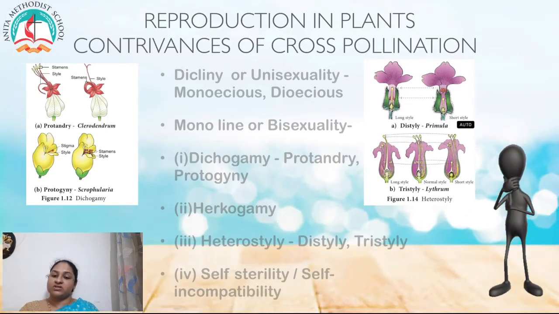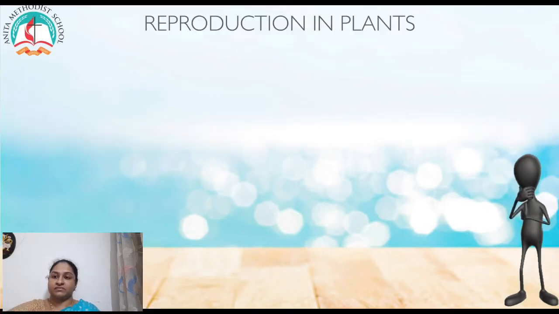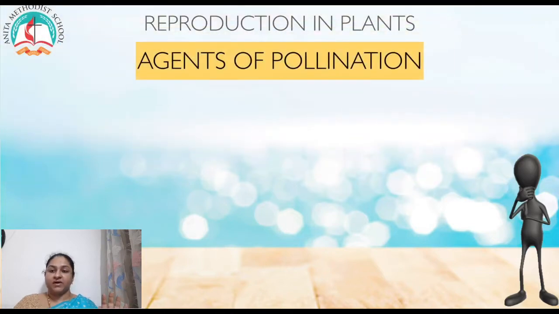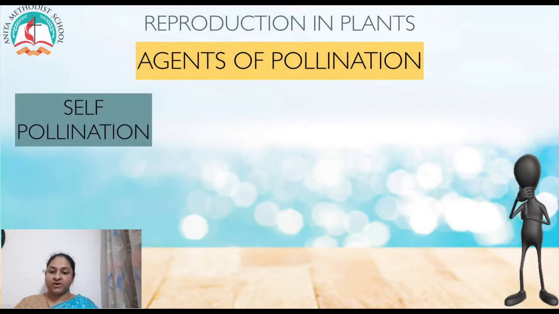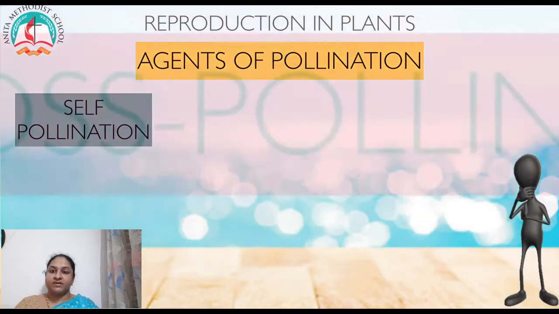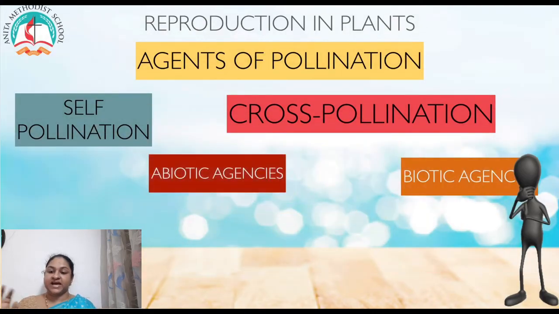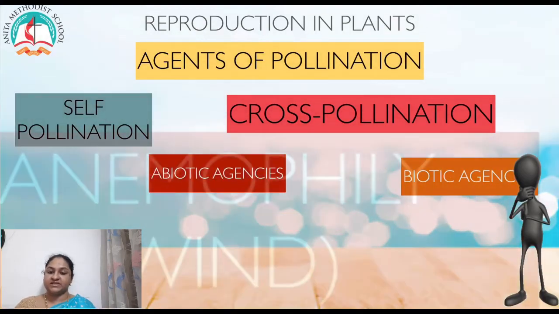We then move on to agents of pollination. Under pollination we have self-pollination and cross-pollination. Under cross-pollination we have abiotic agencies and biotic agencies.